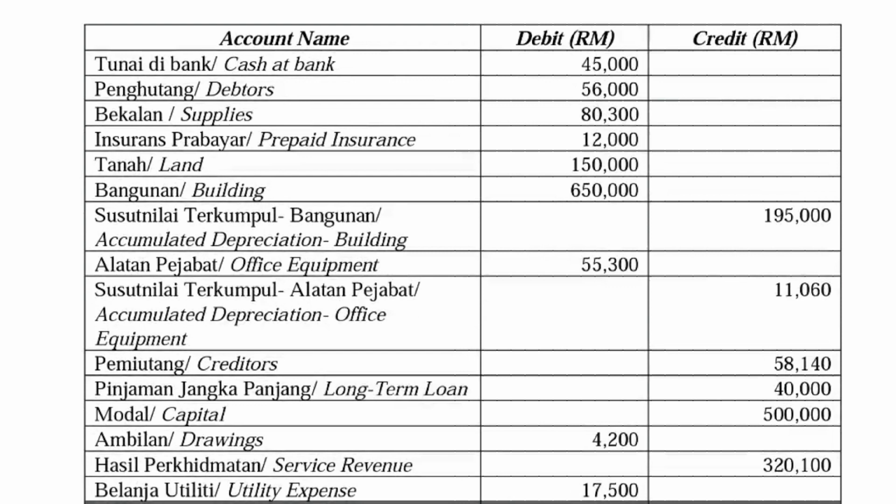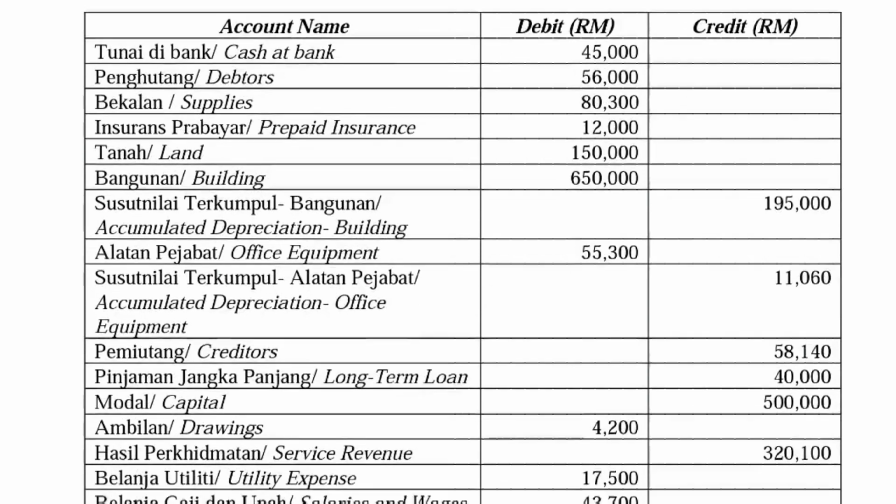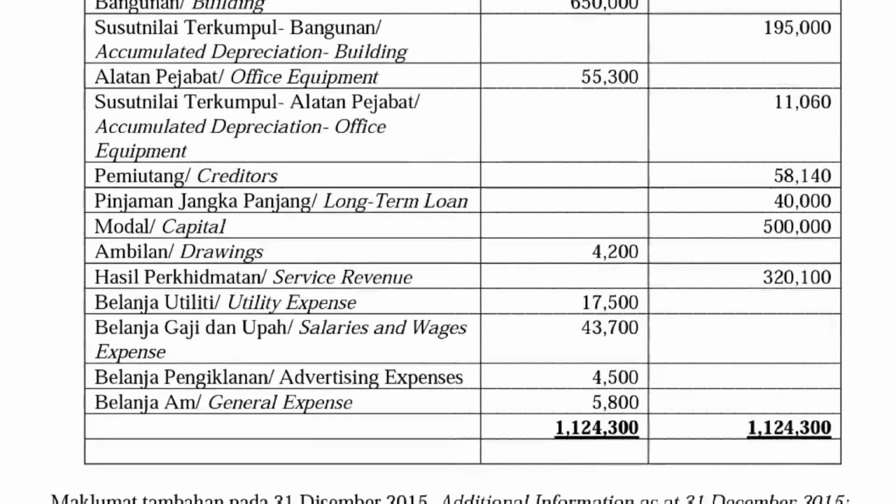Office equipment is a non-current asset, and then the next account is accumulated depreciation for the office equipment, and then you can see the creditors, long-term loan, capital, drawings, service revenue, utility expense, salaries and wages expense, advertising expenses, and general expense.